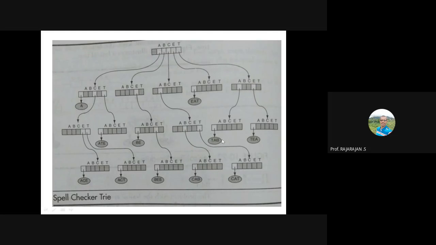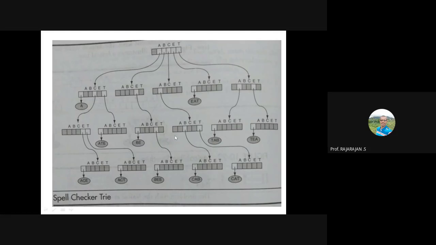So the connection is what makes whether a word is present or not. When you are searching for a word, only if you find that the particular letters have non-null values can you treat them as valid words. But if they are filled with null values, then they are not present in the spell checker.